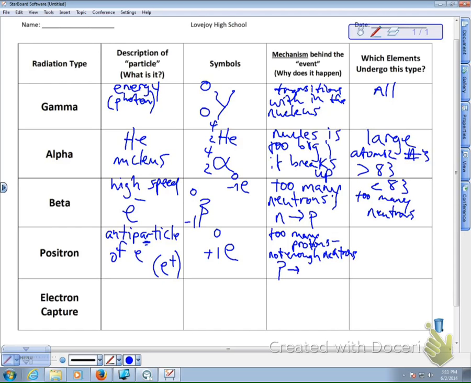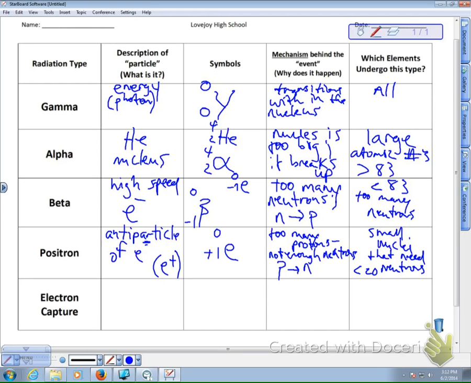A proton will turn into a neutron and kick out that leftover piece of energy and mass, which is a positron. Which elements undergo this type? Well, these are going to be small nuclei that need neutrons. Usually atomic number less than 20. Again, there's no hard and fast rules to that.